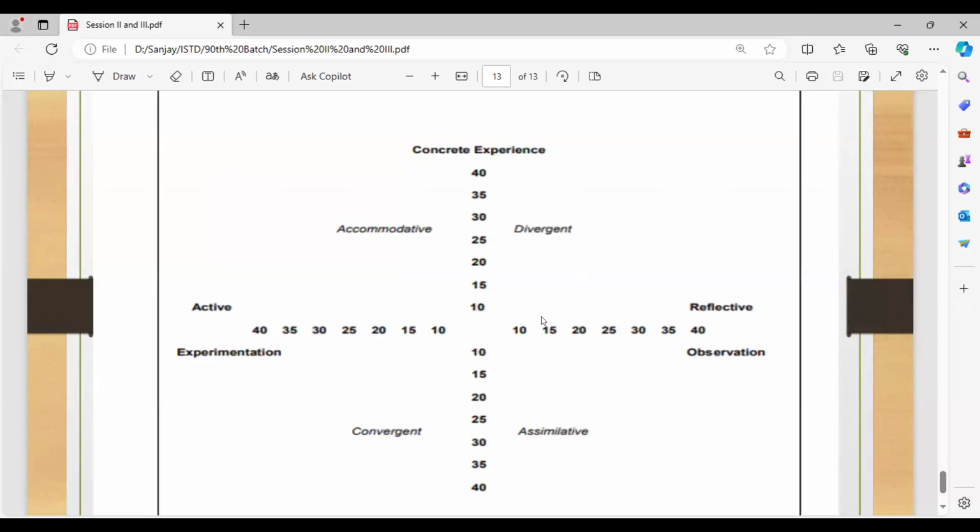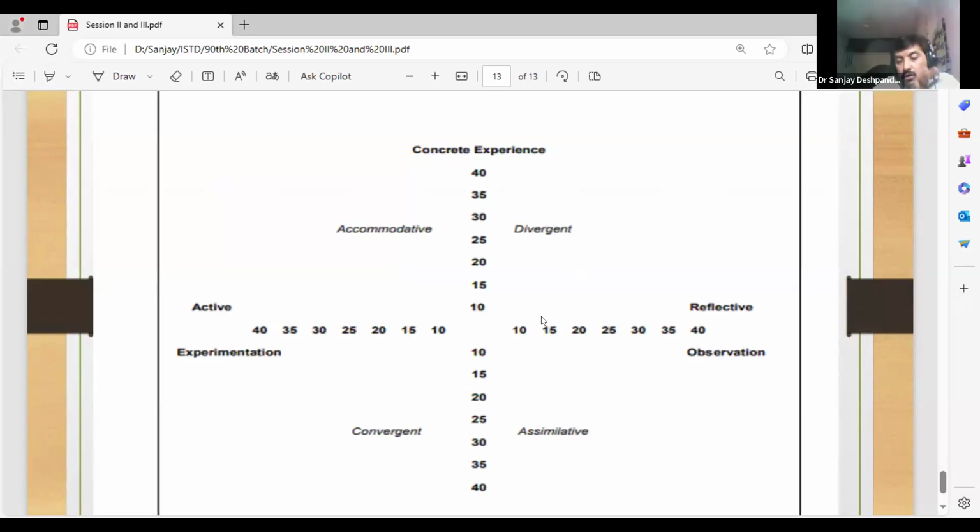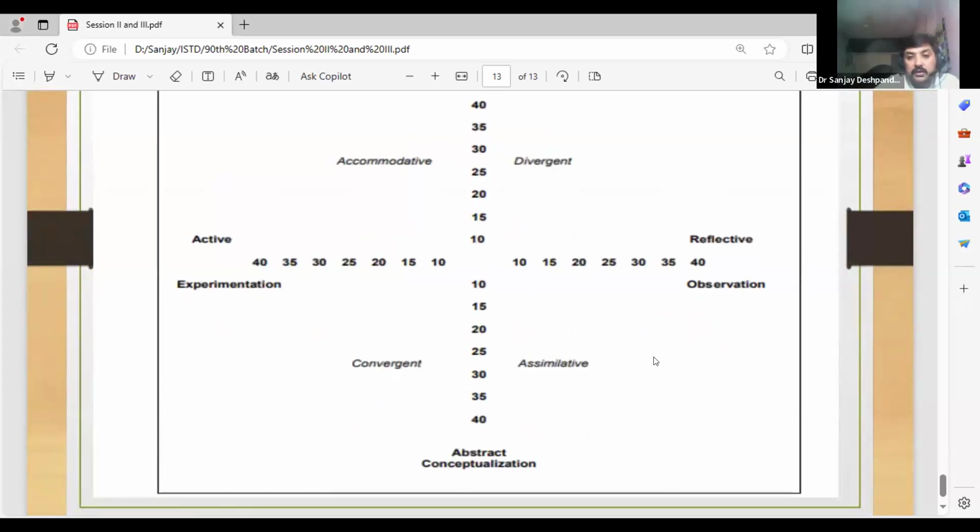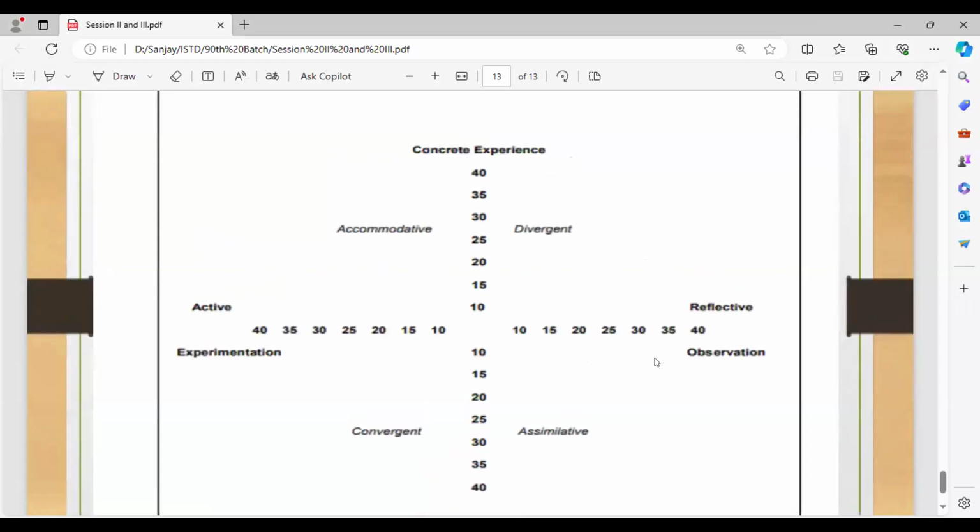Your frame should look exactly like this: north, south, east, west. Done, okay.